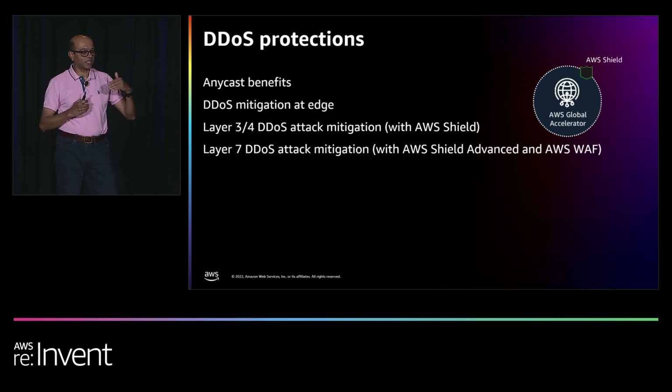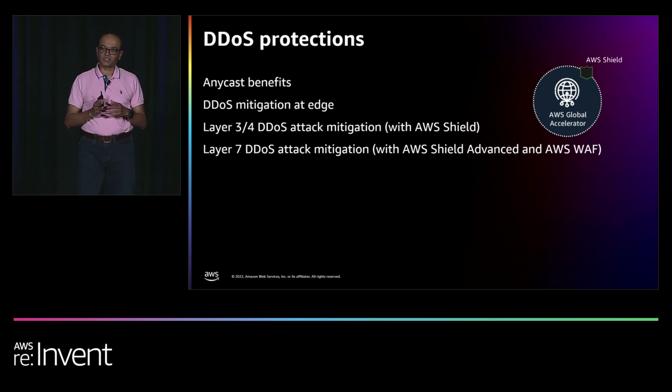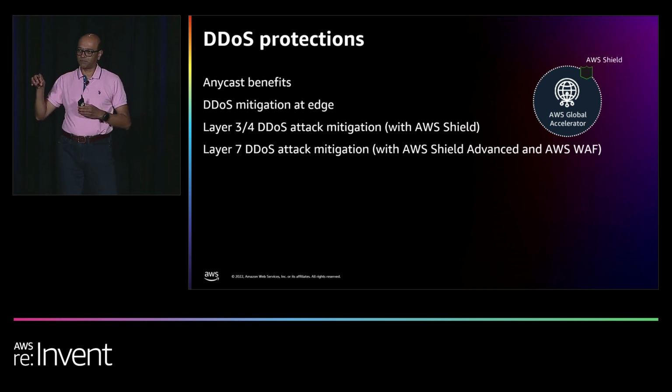So these DDoS attacks are mitigated as close as possible to the source and at the edge of the Amazon network. By the way, also notice that with Global Accelerator, you can place your endpoints in private subnets, so your endpoints need not be exposed to a public subnet.